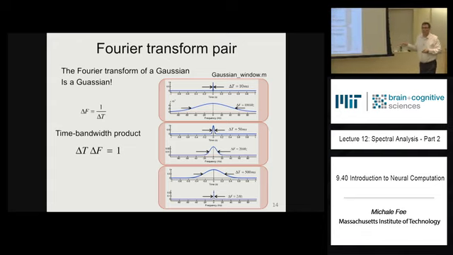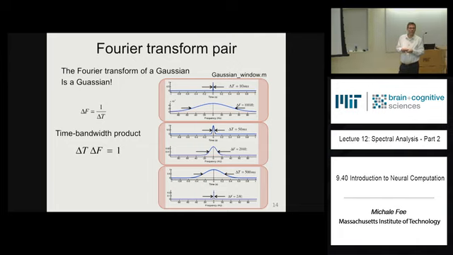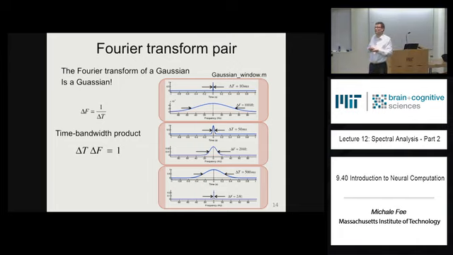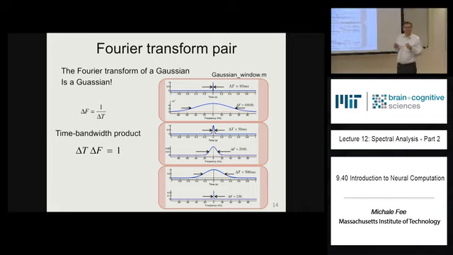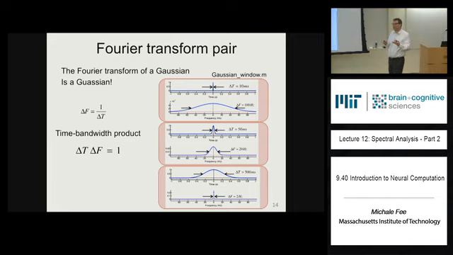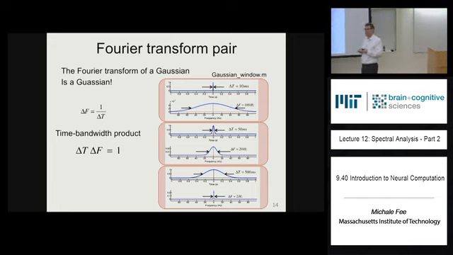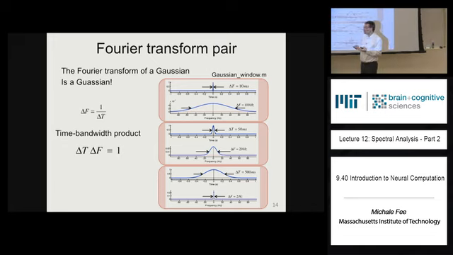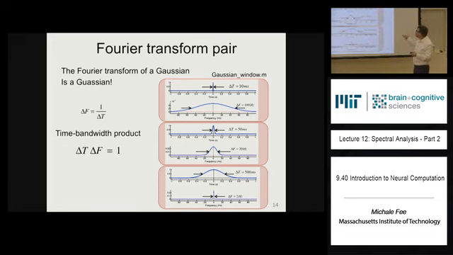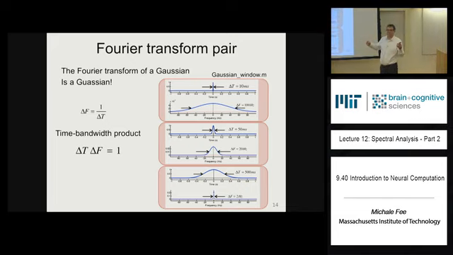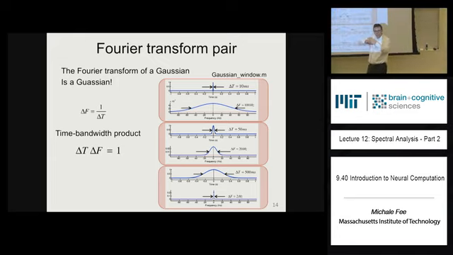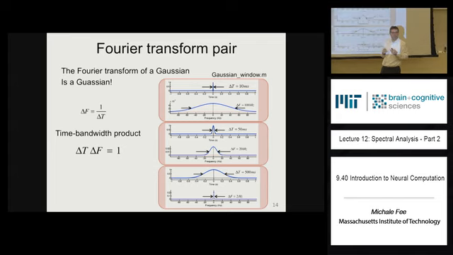Who here has taken any quantum mechanics? Who here has heard of the Heisenberg uncertainty principle? Yeah. This is just the Heisenberg uncertainty principle. This is where it comes from. You can think of wave functions as just functions in space.